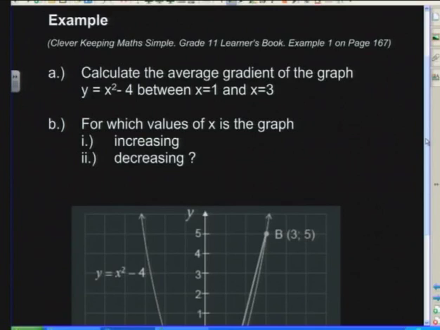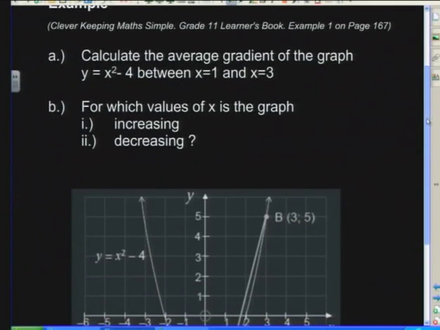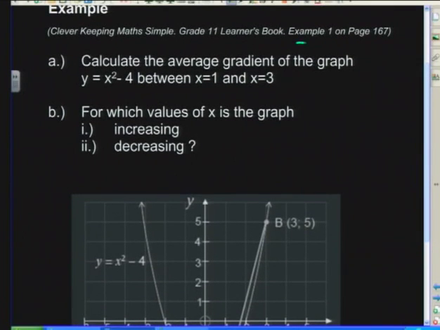All right, so this comes from the Keeping Maths Simple grade 11 learner's book. This is the example on page 167. Okay, we are told to calculate the average gradient of the graph y is equal to x squared minus 4 between x is equal to 1 and x is equal to 2.